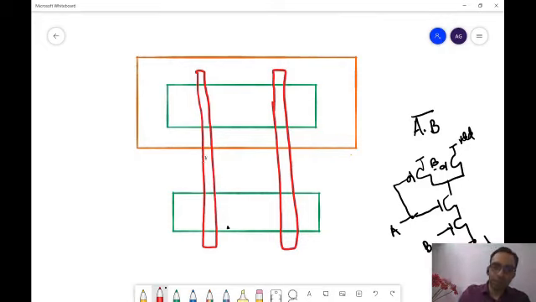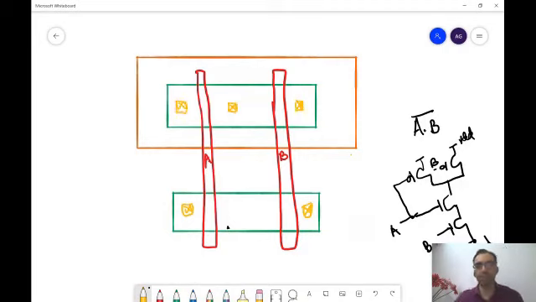Let us call this A, let us call this B. Now let us make the contacts. Let us say this is the output, I made a contact here. This is ground, I made a contact here. Now you will have to tell me which one should be output and which one should be VDD.